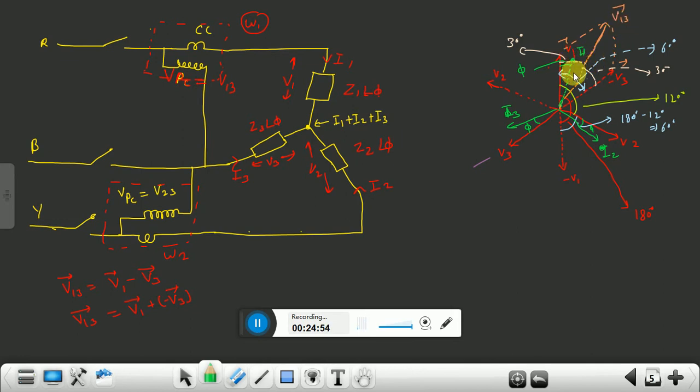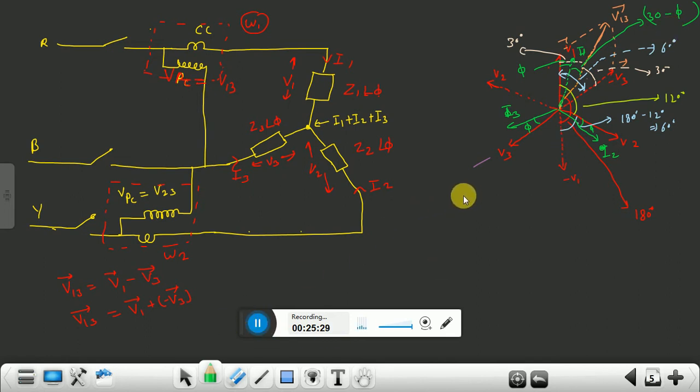Suppose we calculate this angle: the total angle is 30 and this is phi, so this angle is 30 minus phi.